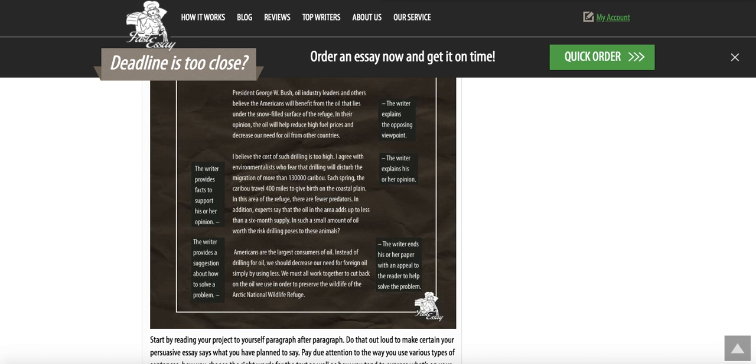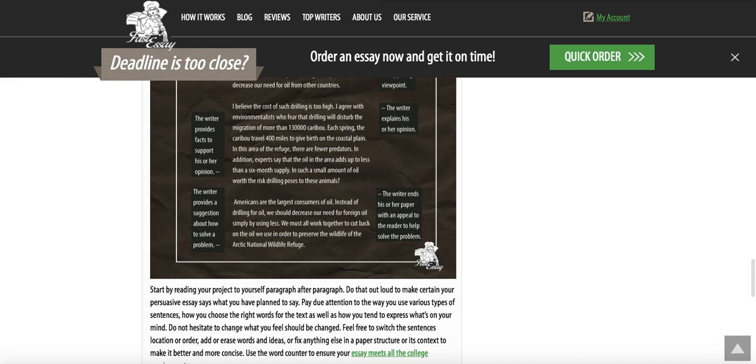So in paragraph number 4, the last one, the writer provides suggestions about how to solve the problems. The writer ends his or her paper with an appeal to readers to help solve the problem. They listed ideas toward the solution to help people that face this kind of problem, and they want to appeal so that the audience will support and find a way to help the animals as well.